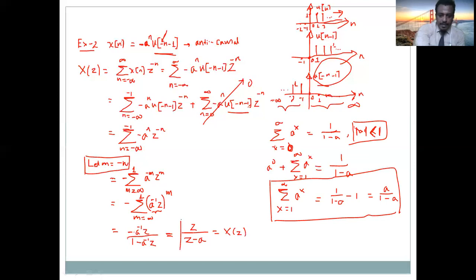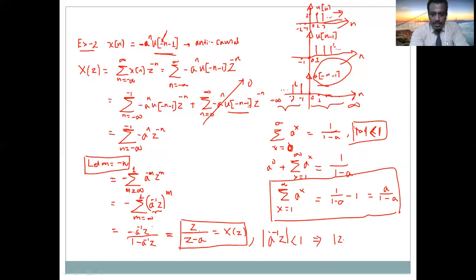Now the next one is the region of convergence. For this summation to converge, what is the condition? The condition is that the absolute value of a to the power of minus 1 z must be less than 1, which implies the absolute value of z must be less than the absolute value of a.